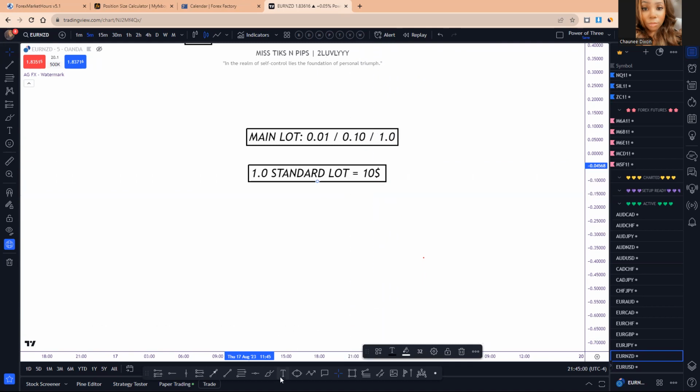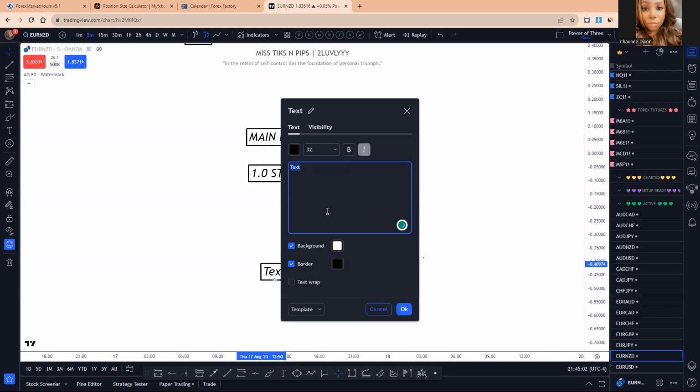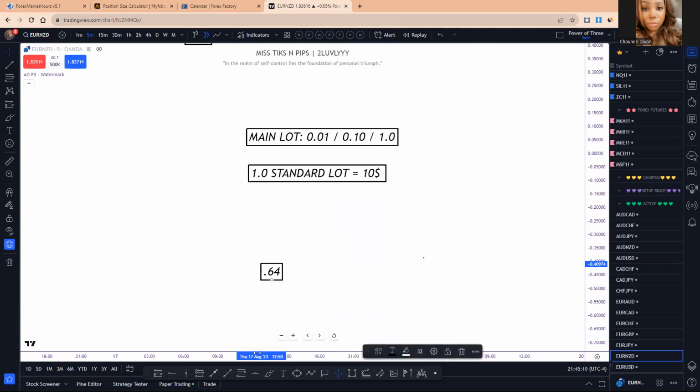So if I'm using, let's say something random, 0.64, that's my random lot size. All I got to do is multiply that by 10, and that is going to be $6.40 per pip.